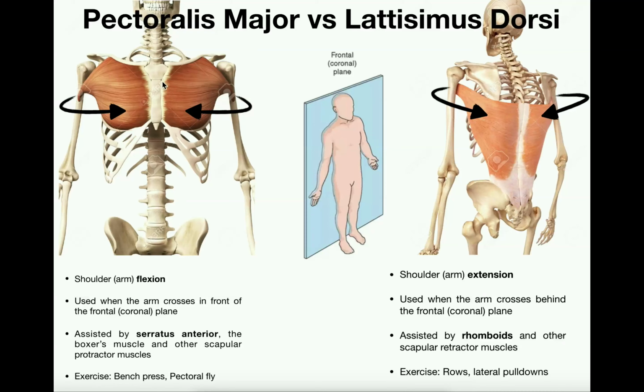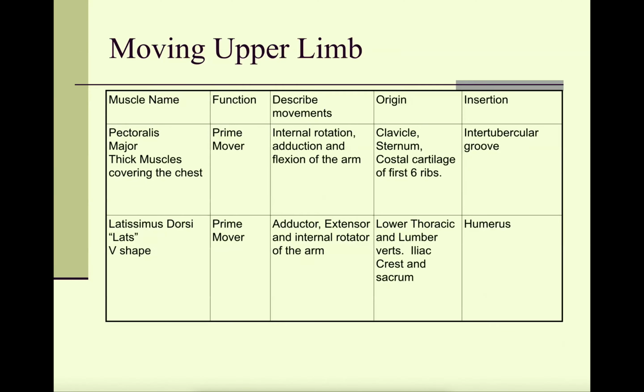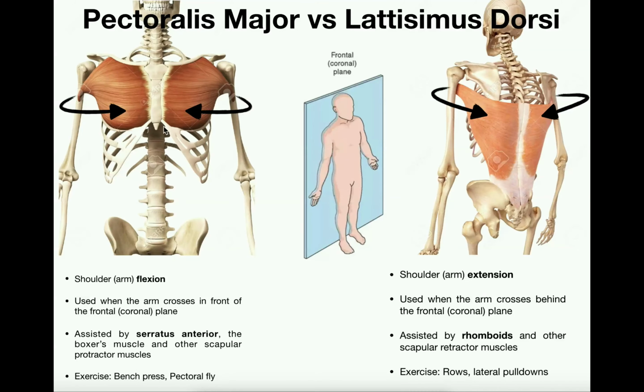Okay, and you can see here, these are the chest muscles. What we see for the pectoralis major is that its origin is on the clavicle, sternum, and the costal cartilage of the first 6 ribs. And then the muscle inserts on the intertubercular groove. In this image, each pectoralis major has a large area of origin on the sternum.